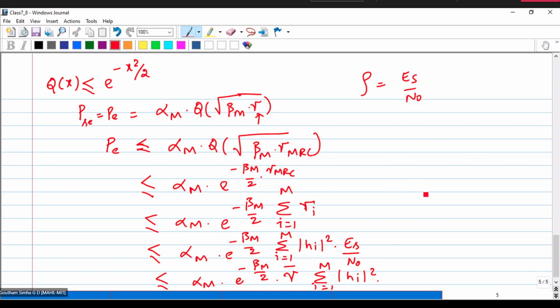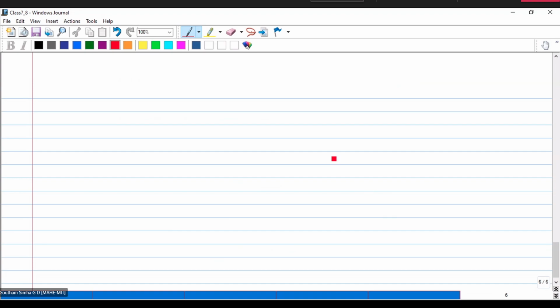Now, if you apply this moment generating function based approach, the average probability of error can be found. In your book, it is simply written as PS bar, integrating over the chi-square distribution for gamma of MRC yields alpha m product I equal to 1 to m of 1 by 1 plus something like that. How do you obtain that?